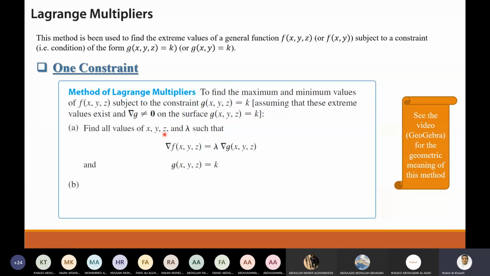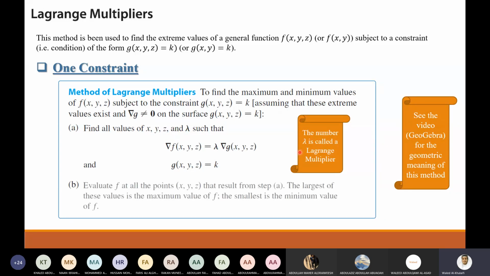Of course, guys, we have talked about 2 variables. Forget about z. So you have x, y, lambda, and you have to solve this. When you solve for x, y, z, you get certain points. The number lambda is called the Lagrange multiplier. This is what we talked about. And then what we do is evaluate the function f at all of these points that result from step A. The largest of these values is the maximum value of f.